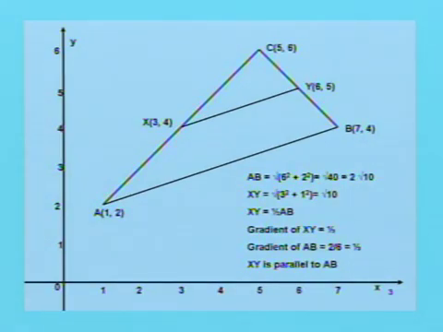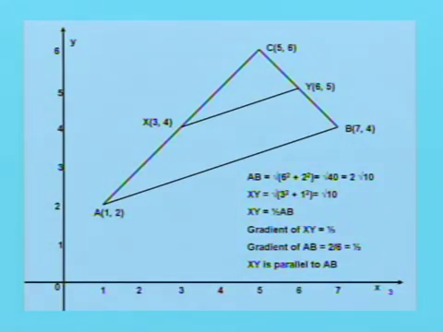Square root of 40 is the same as the square root of 4 times 10. So sharing the square root over 4 times 10 will give us square root of 4 times square root of 10. Well, we know square root of 4 is 2. So AB can be expressed as 2 root 10 or 2 square root 10. Let's look at XY.